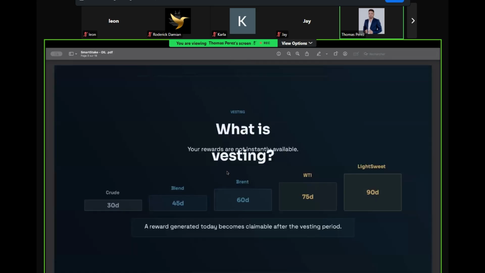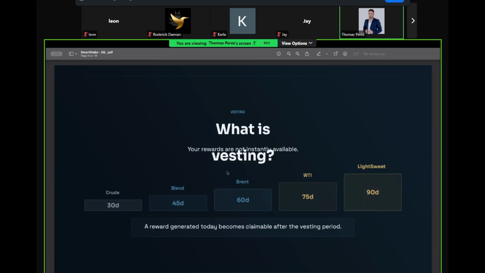And the vesting, this is a key concept, because even when rewards are generated, you don't receive them instantly. They go through a waiting period, the vesting. And this period depends on your tier. We can ask ourselves, why does this exist?